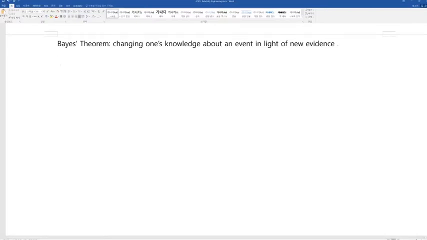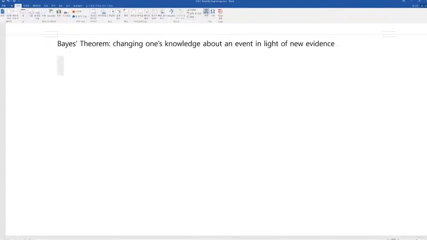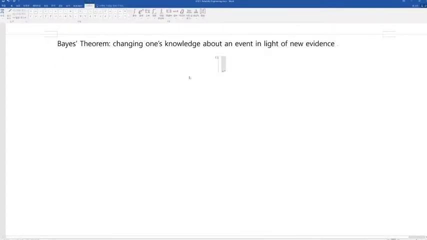So we are going to first start from the probability of, if we have two events, A and E. So A and E are two different events.